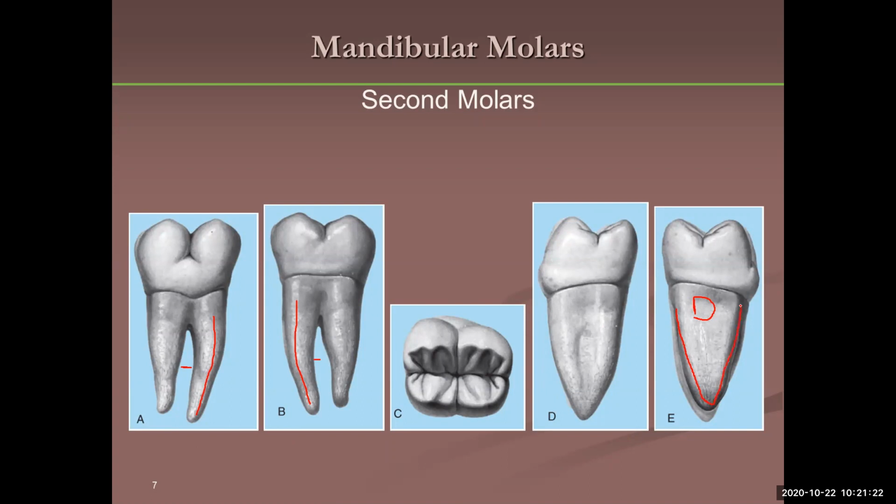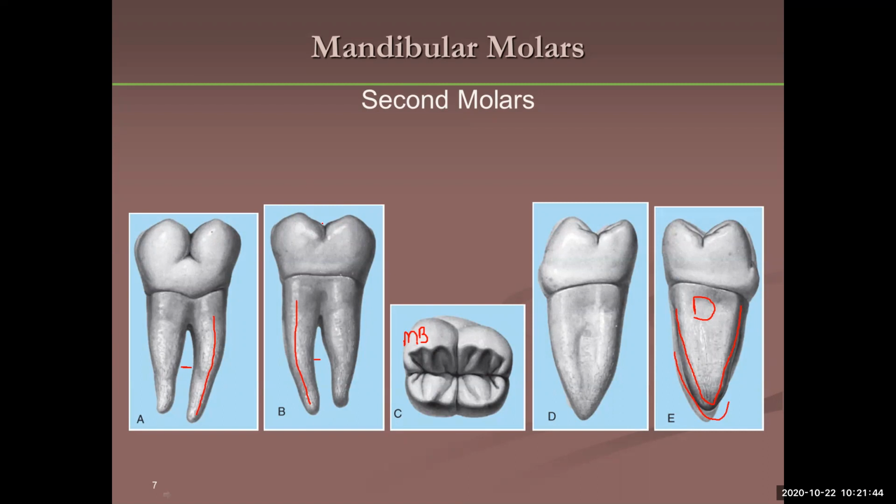Just a little bit shorter than the mesial. I know this is the mesial buccal root because it's the largest. So just putting your characteristics together, you'll be able to figure this out.